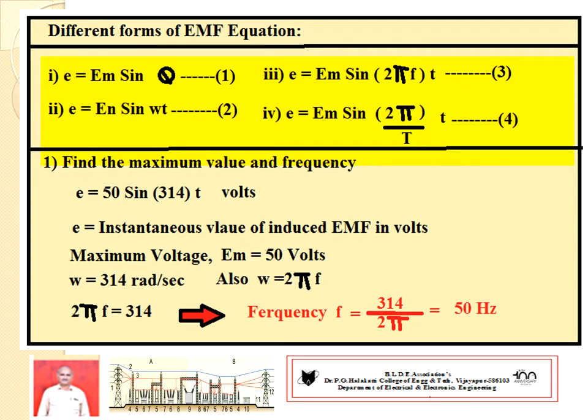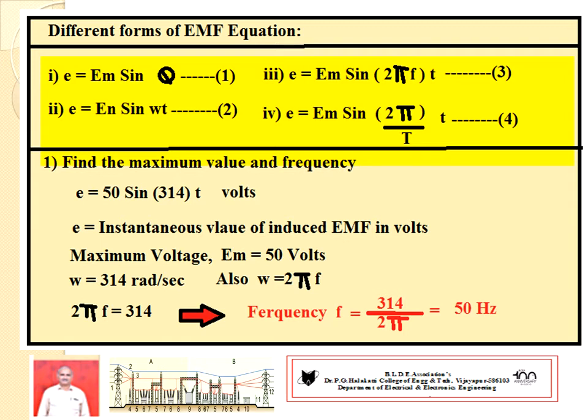See there, problem number 1. Find the maximum value and frequency for e equal to 50 sin 314t. So small e is the instantaneous induced EMF expressed in volts.